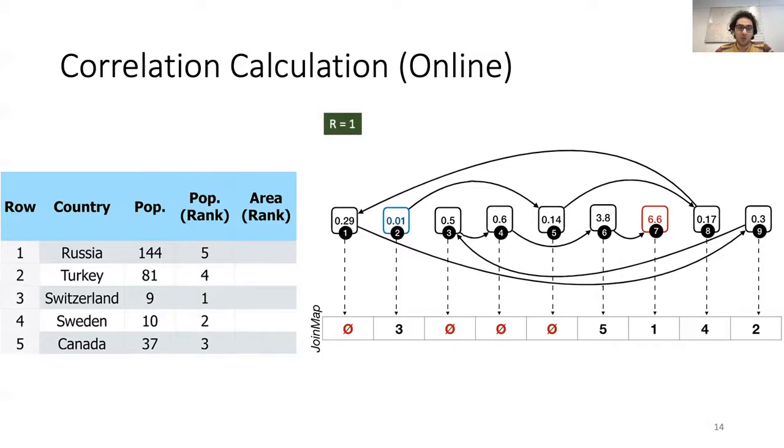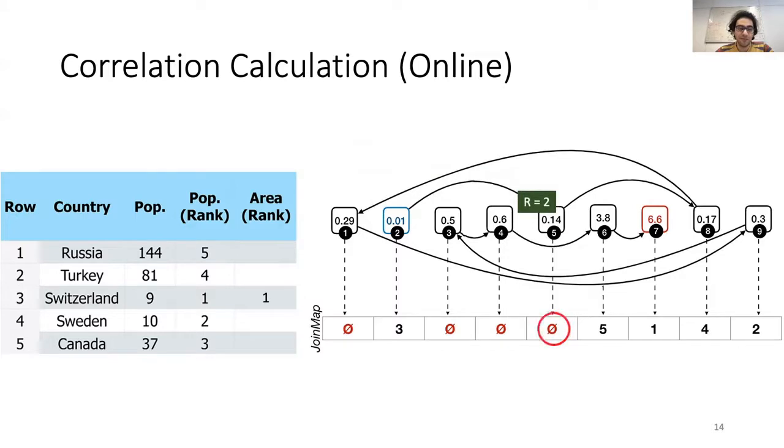Starting with the rank 1, COCO starts from the minimum value. And if there is a join candidate from the input data set to the candidate table, this rank is assigned to the corresponding row value. And then the rank is increased and COCO follows the index.